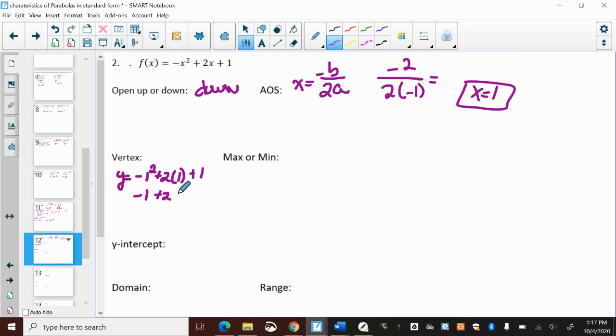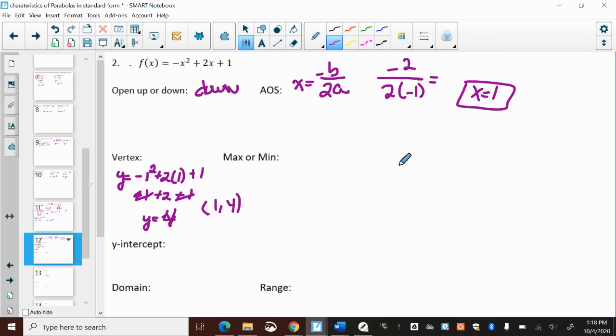Oh, no, -1 squared is 1, so we have minus 1 plus 2 plus 1. So when we put this in here, we should get 4. All right, so our vertex is going to be (1, 4).